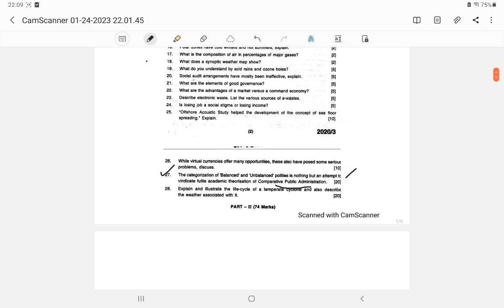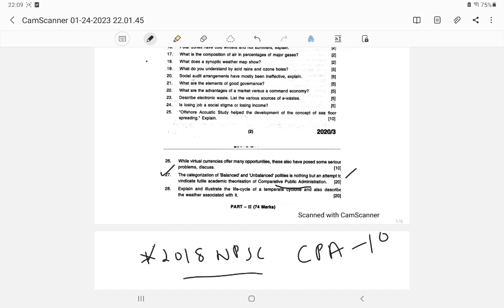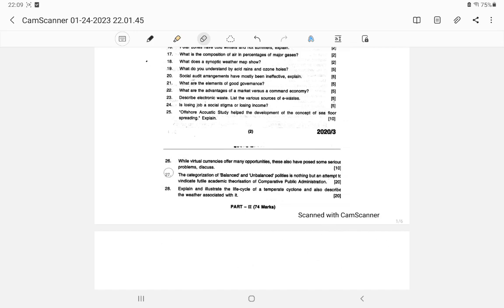Similarly, in 2018 NPSC, what do you mean by comparative public administration? 10 marks or 20 marks. So from the exam point of view, it is very important, and let's look at what this means.